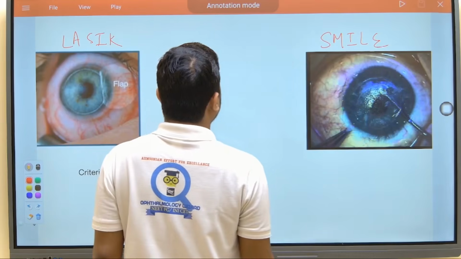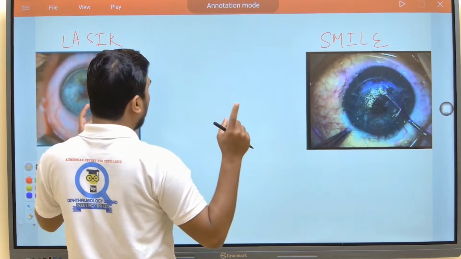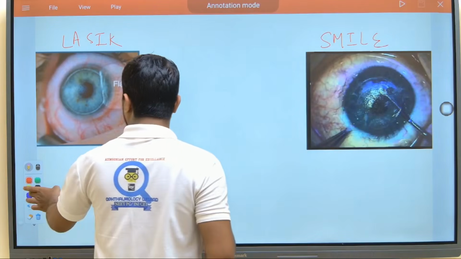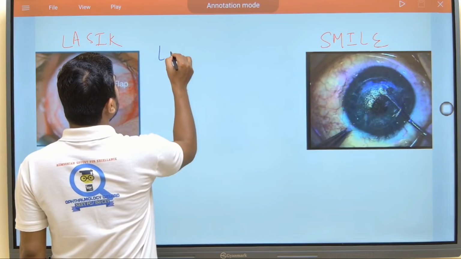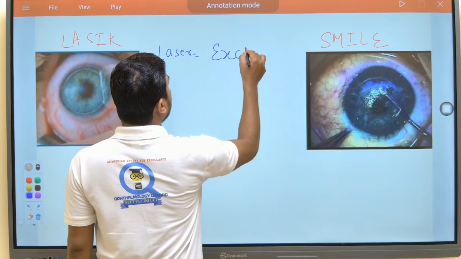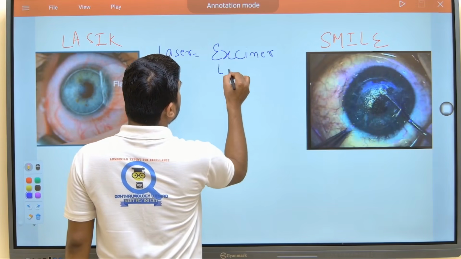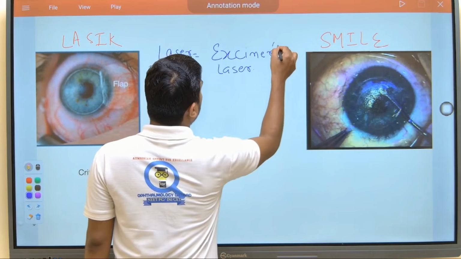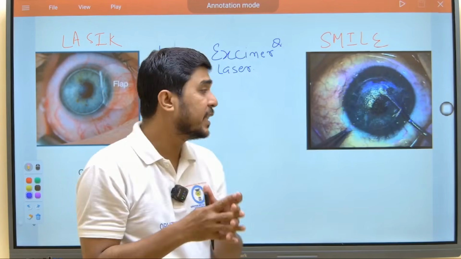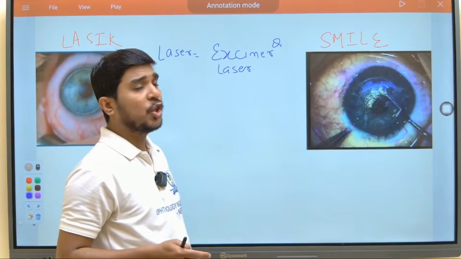So what is the laser that is being used here? This is a very important MCQ. So the laser we use here, we use excimer laser. Okay, second important thing, what is the wavelength of this?